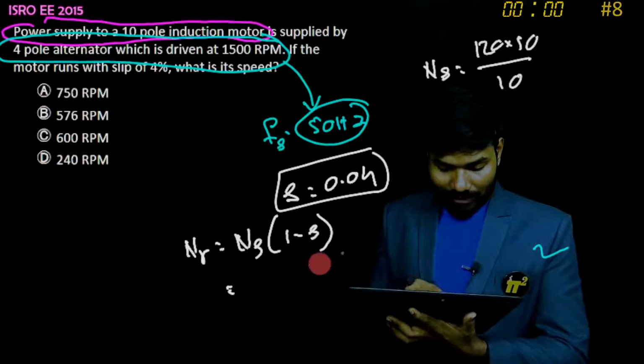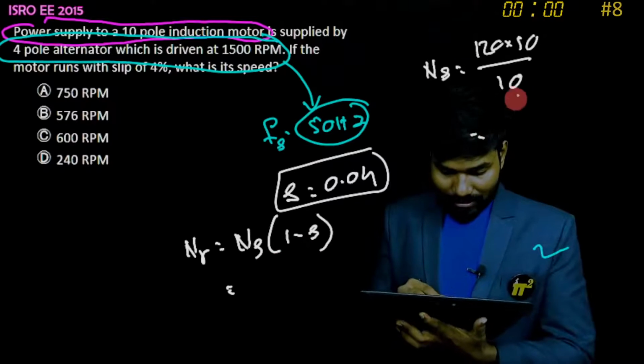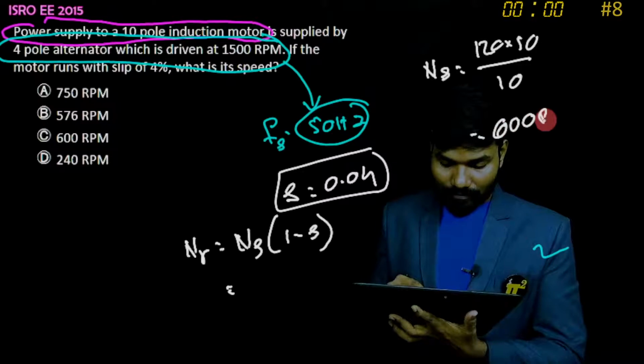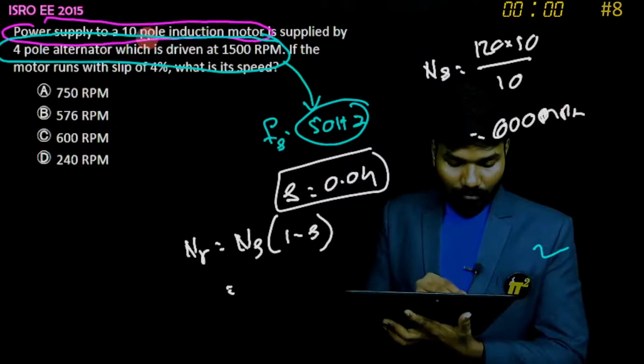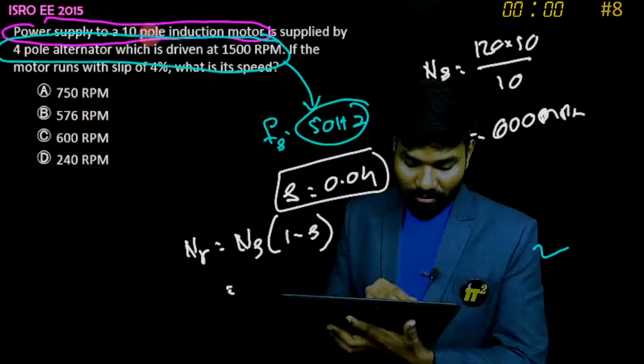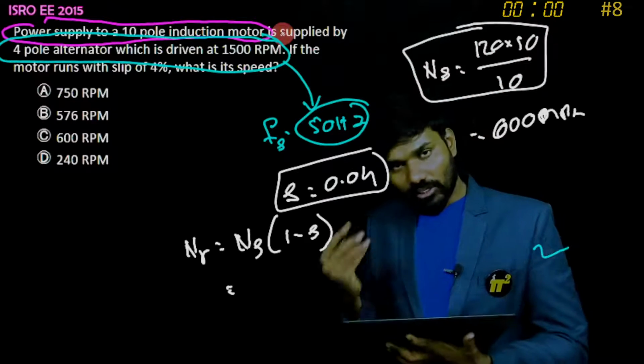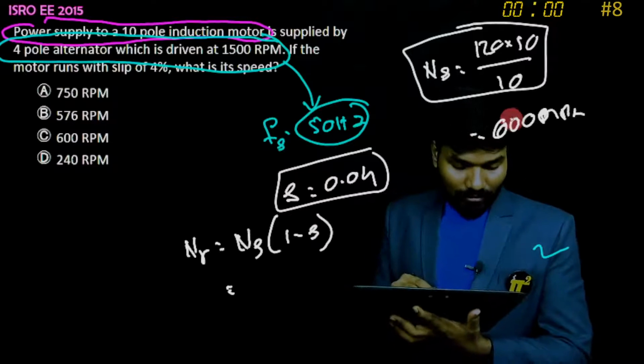So you will get Ns as 600 RPM, because I'm giving that 50 hertz to this 10-pole induction motor. So the synchronous speed of the motor is 600.